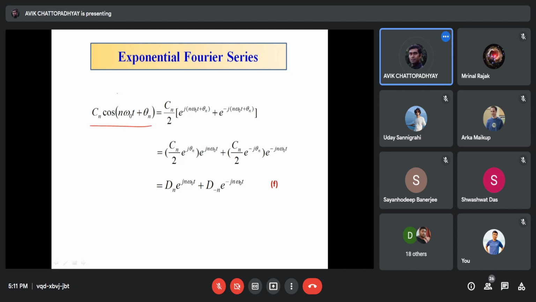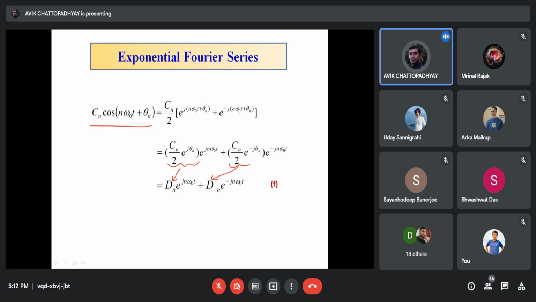Here we take the theta part, the phase part, outside, and keep only the term having the time variable t separate: one is e to the power plus j n omega naught t, another is e to the power minus j n omega naught t. The theta-related part we club together with Cn by 2, and define it as Gn, and this as G minus n.